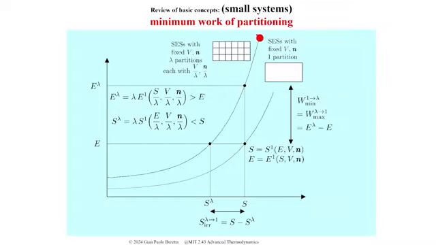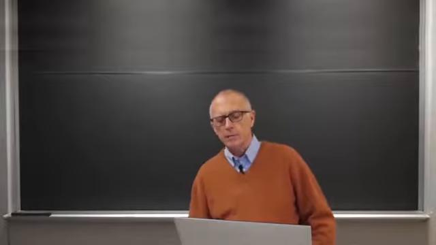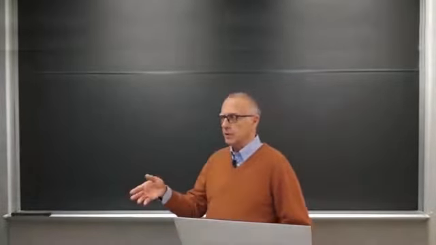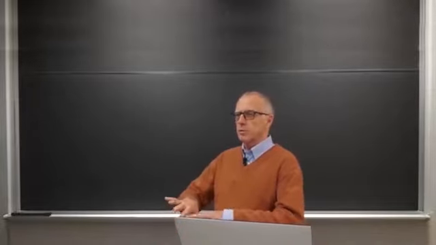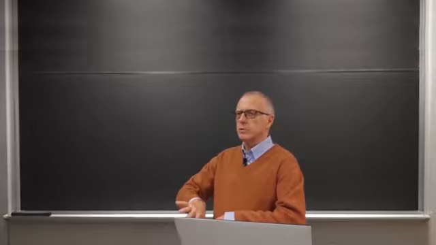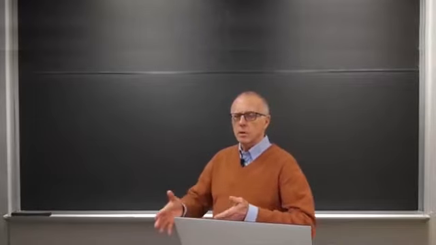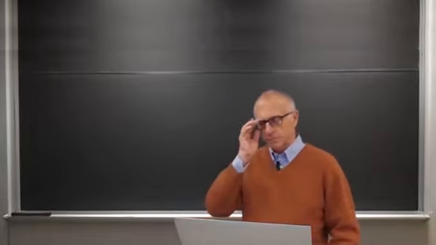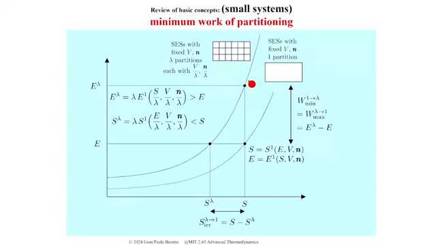Others could be up here. And so as I go from here to there, I need to spend at least this much work or energy from the weight in order to introduce those partitions. And physically, you can think of the idea that since there are rarefaction effects at the wall, as you introduce the partition it moves the particles away because it has to create that space, and that is work.